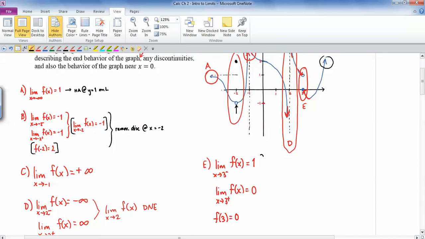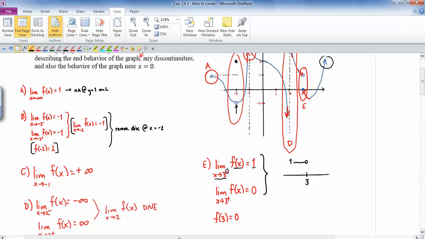Well, if you look at just these two pieces of information, and let's say you didn't have the picture, you could determine some stuff. If this is 3 right here, as x gets close to 3 from the left side, the y value is close to 1.